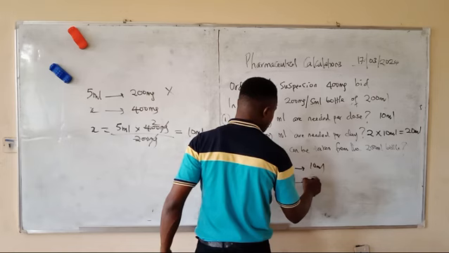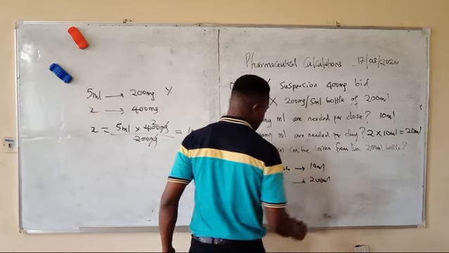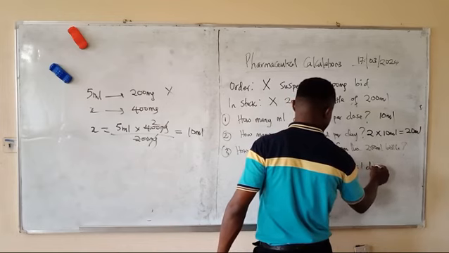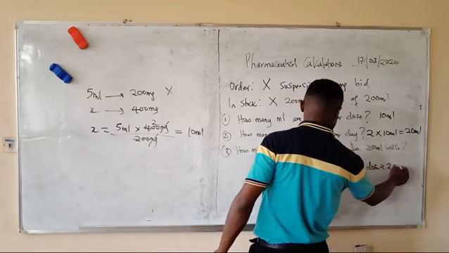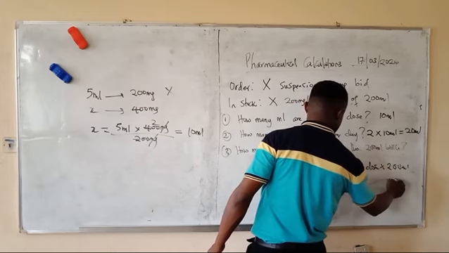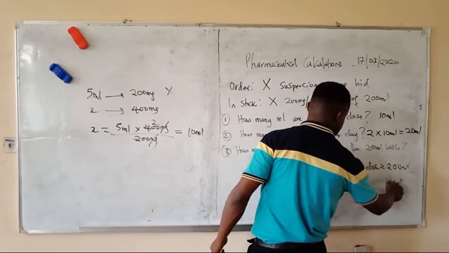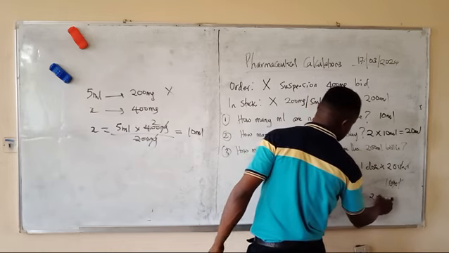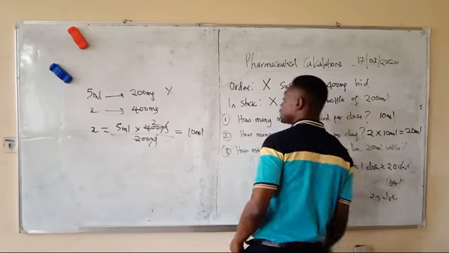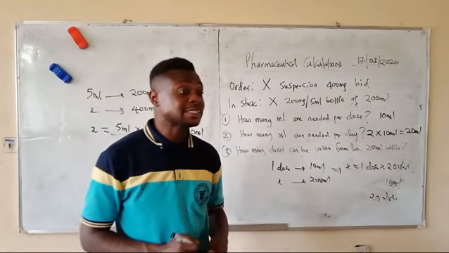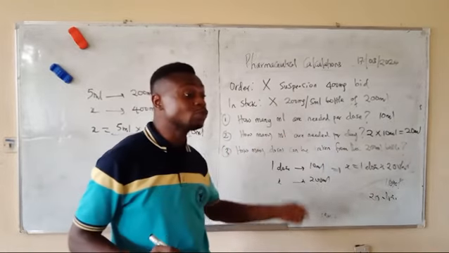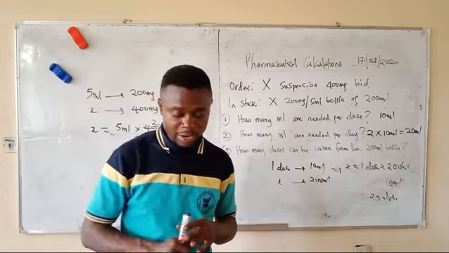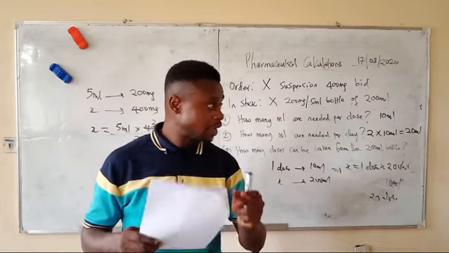So how many doses will be in 200 ml? X is equal to one dose times 200 ml over 10 ml. ml will cancel ml. So we have 20 times 1 dose, which is 20 doses. What it means is that the person will take this drug 20 times, then it will finish. Alright, if you are done, let's go to the next question.